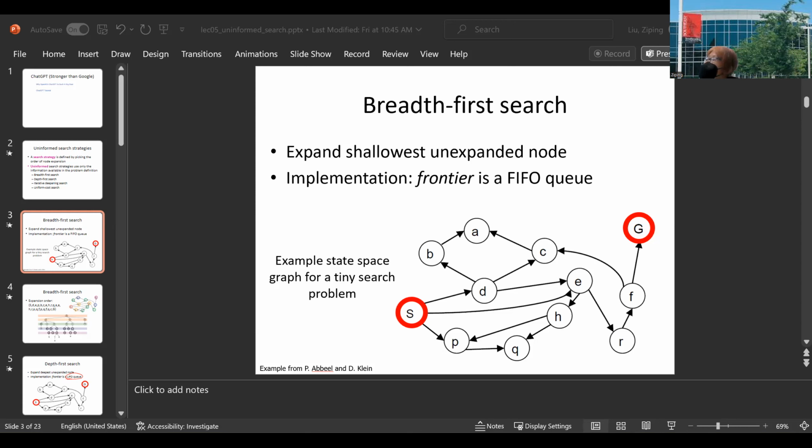But within this length, you do depth first search. You don't go horizontally. Within the depth, you follow depth first, but each time you limit the depth.